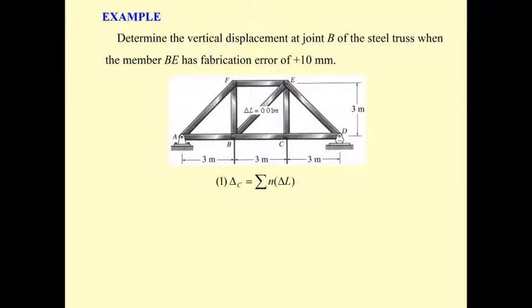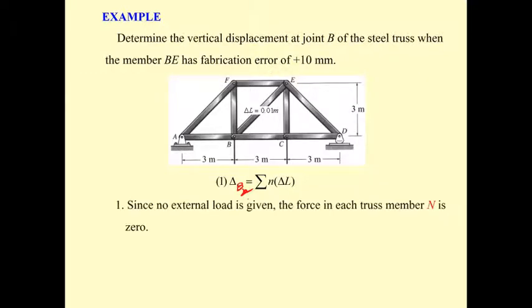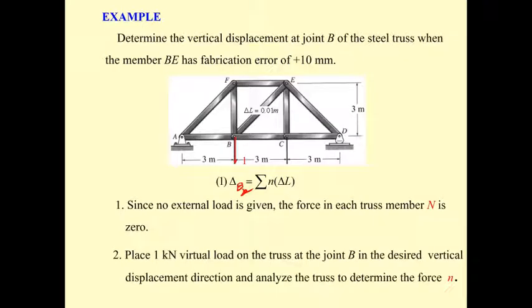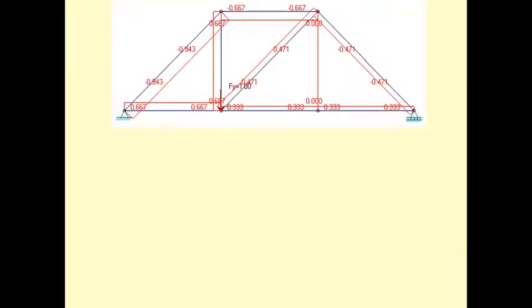So this equation is going to be delta B vertical. Okay, and then there is no capital N, just the small n. Small n is going to be in the member BE. Just take this one member, so n sub BE and delta BE. Very easy, right? So the n sub BE is 0.471.